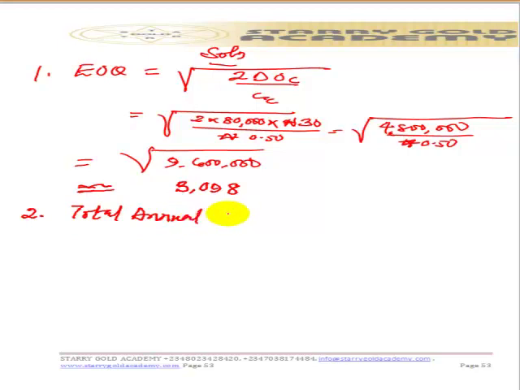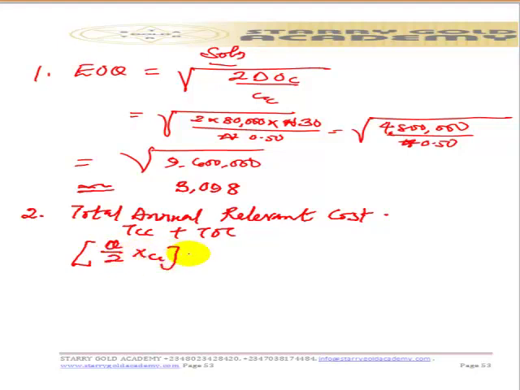So if we're going to find the total annual relevant cost, that's going to be the total carrying cost plus total ordering cost, and that's going to be Q divided by 2 times CC plus D divided by Q times OC. I'm using variables that are common and picked from some of the names, so we can be familiar with the formulas and what they relate to.